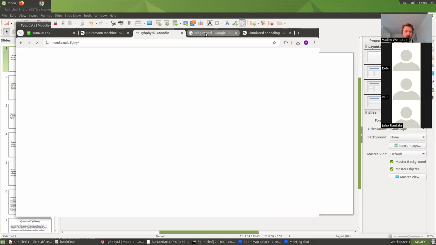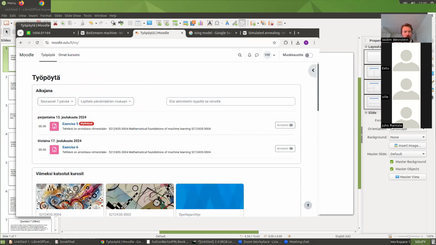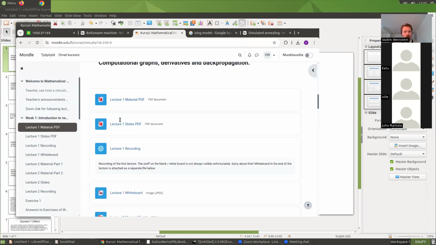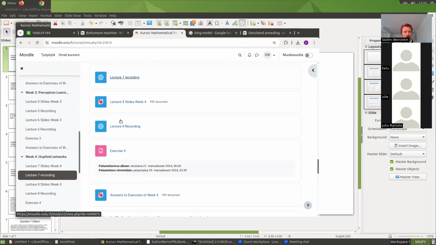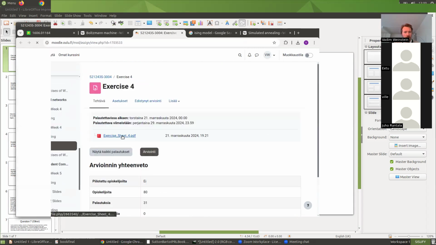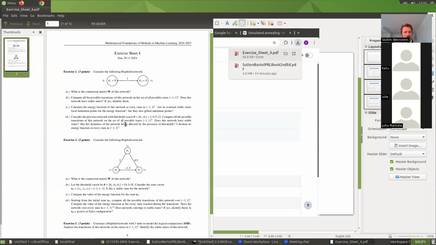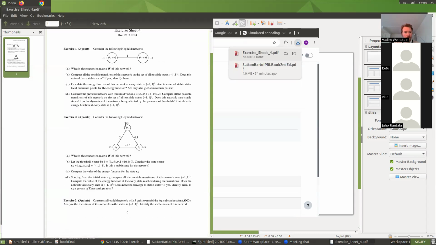Go to Moodle. Exercise 4. Yes. Third question. Construct a Hopfield network of 3 units. Yes! I didn't know we had this exercise actually.